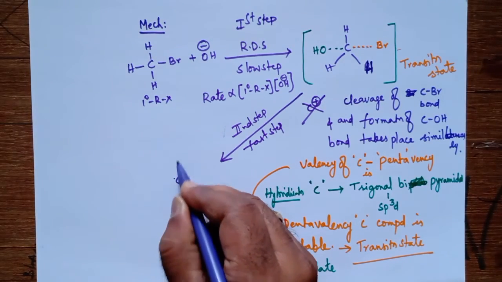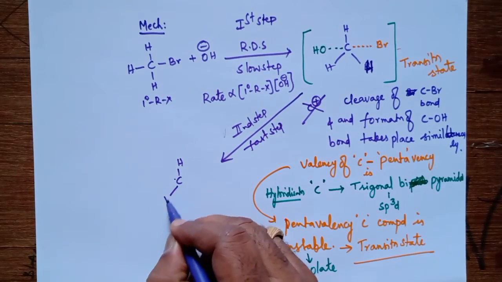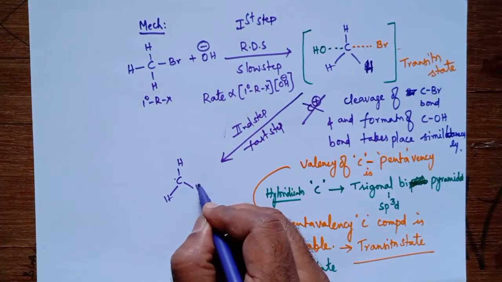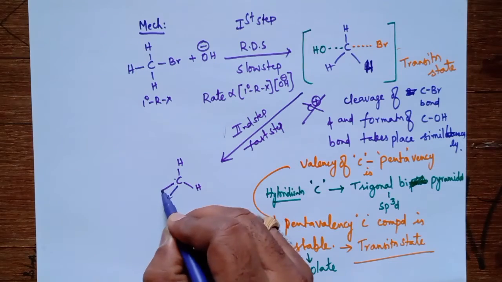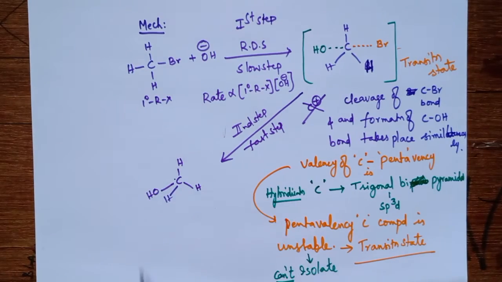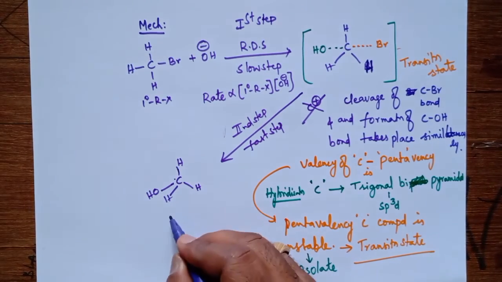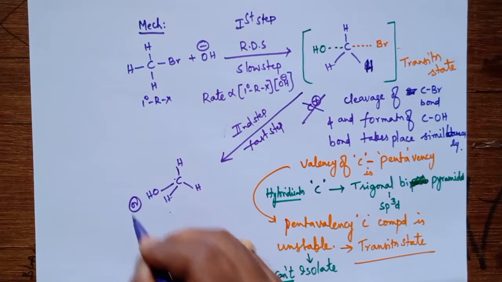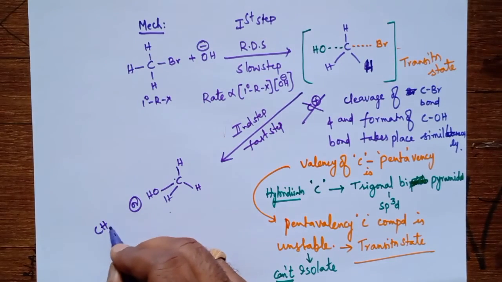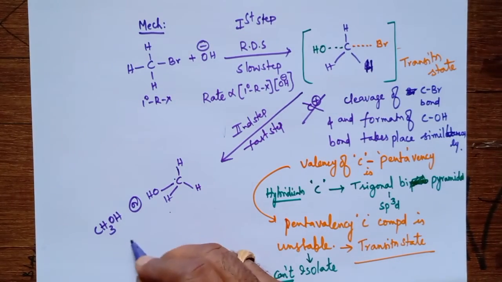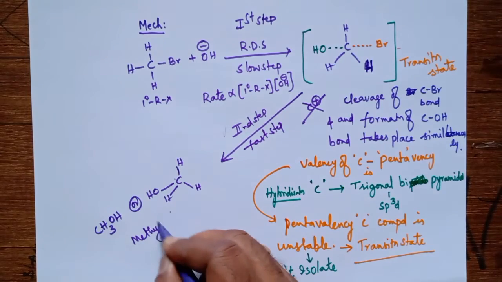You can write it if you want, with hydrogen and an OH, a tetrahedron structure. Or you can write it as CH3OH, methyl alcohol.